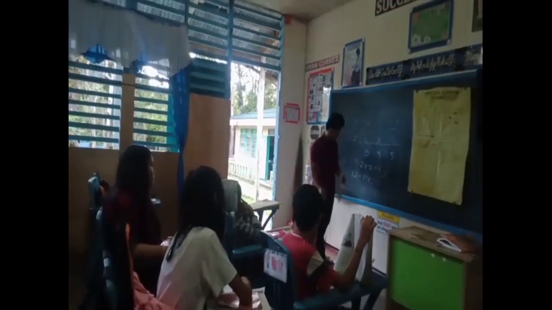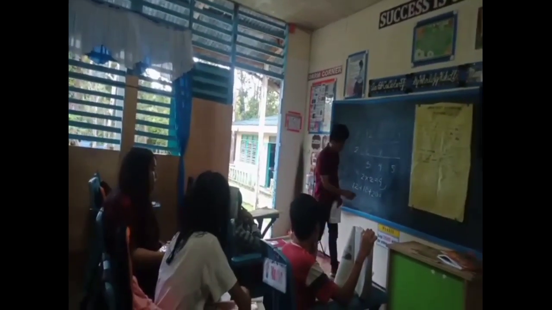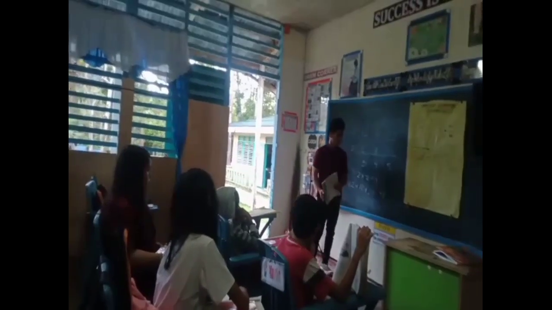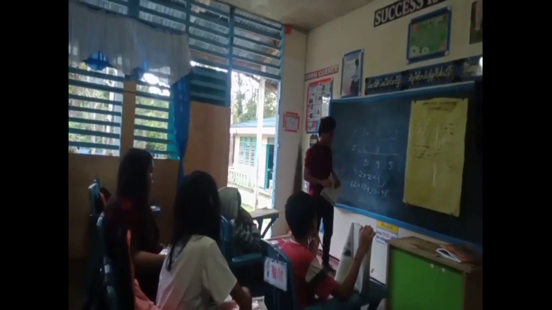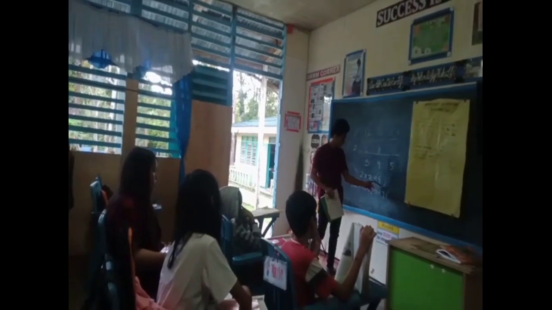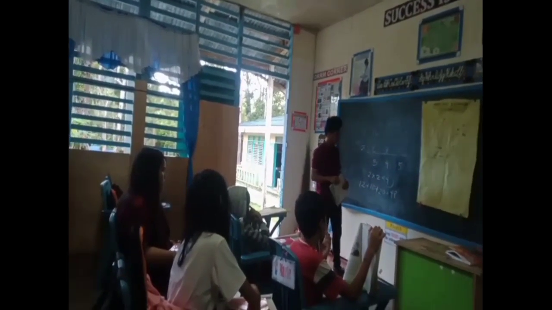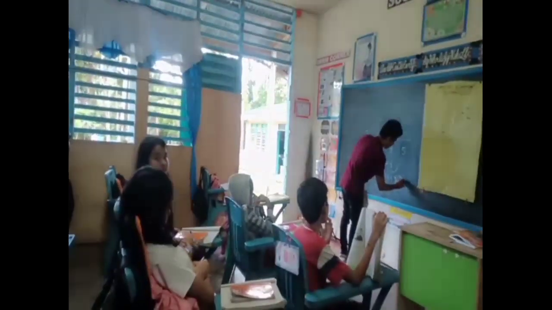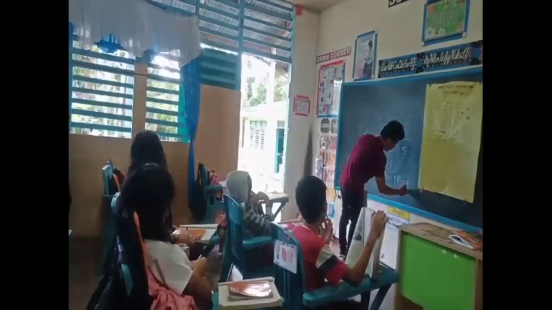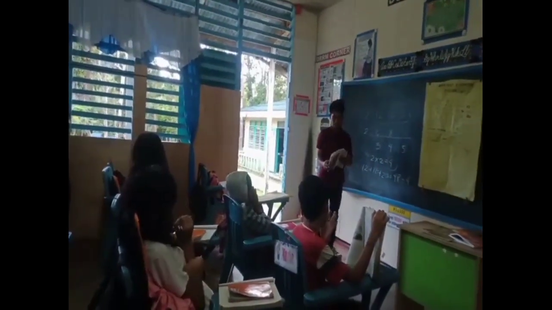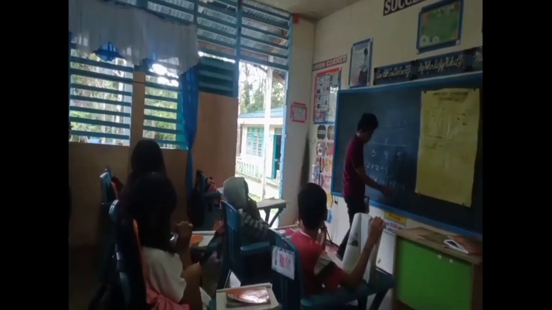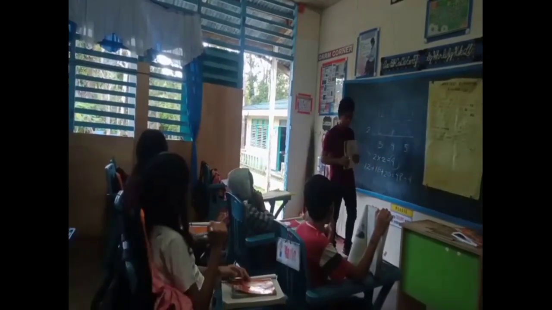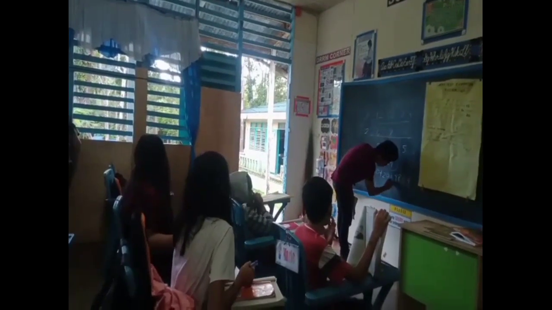So the answer is 48 toy cars in all. We divide 48 by our divisor, 4. So what will be the answer, class? 48 divided by 4 is 12. Very good, the answer is 12.